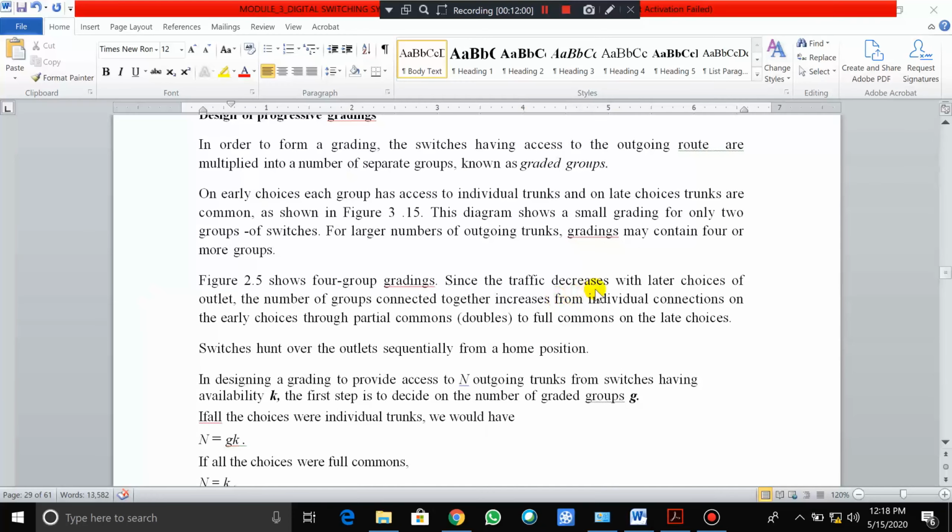Since the traffic decreases with later choice of outlet, the number of groups connected together increases, from individual connection on the earlier choice, through partial common, to full common on the later choice.